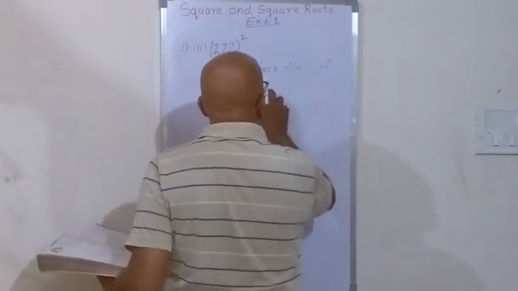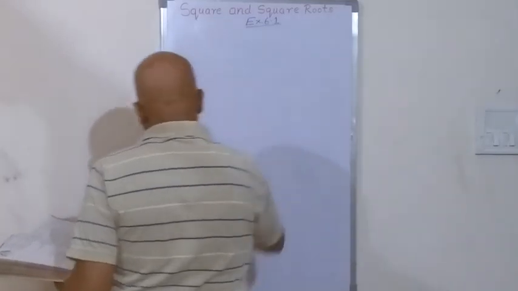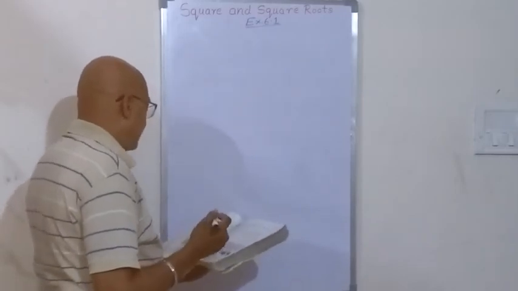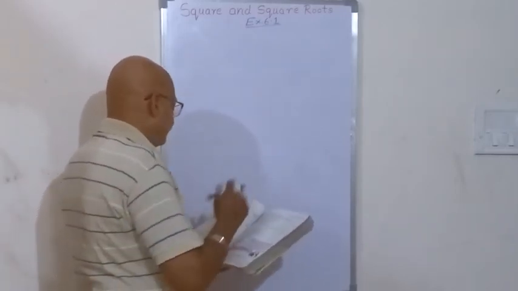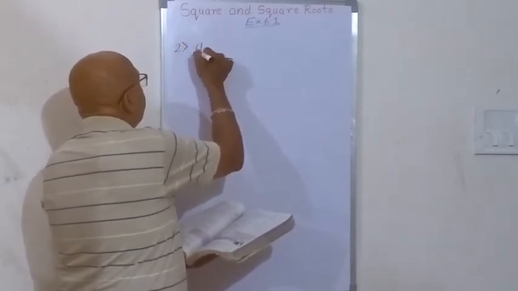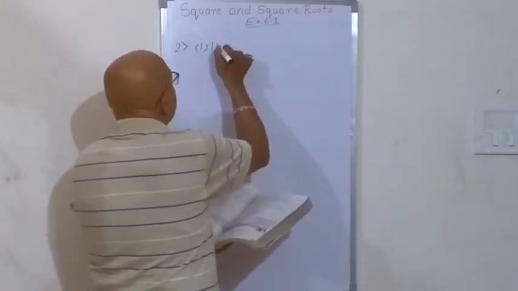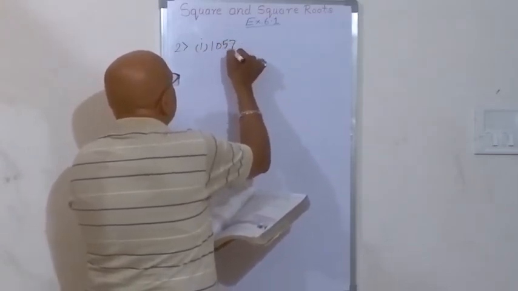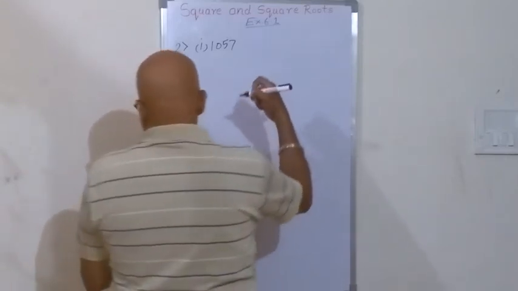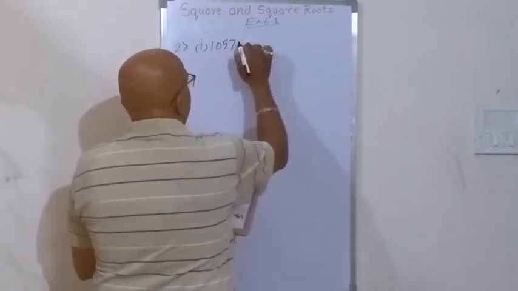So you have to give reasons for them, that why they are not the perfect squares. The numbers are, the first one is 1057.